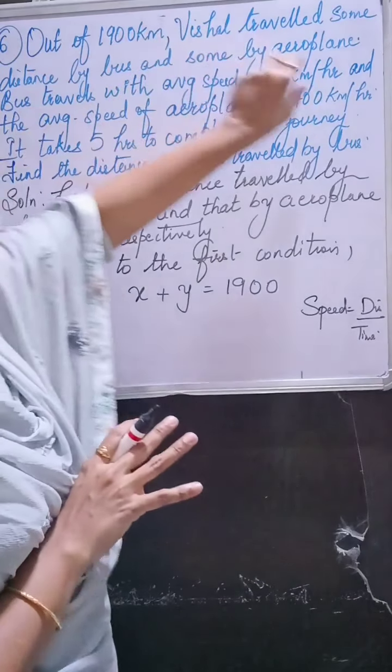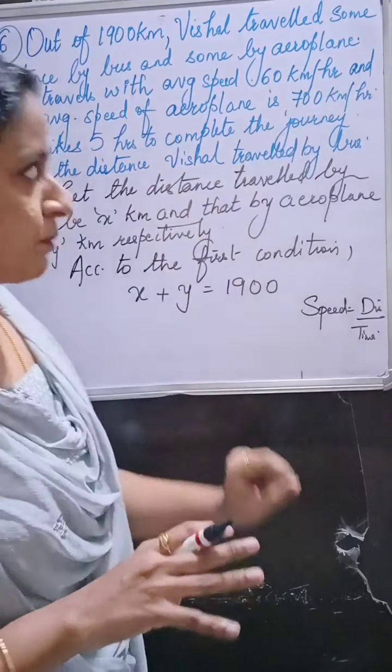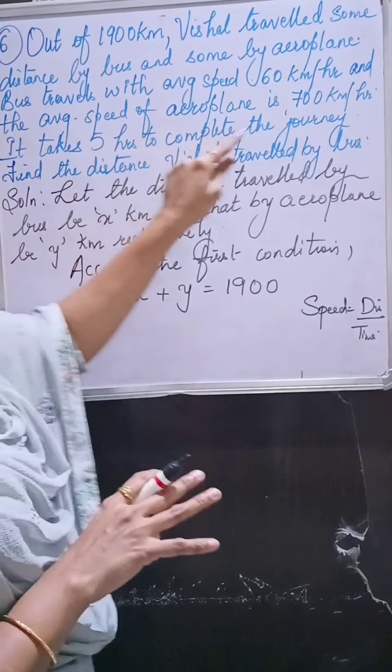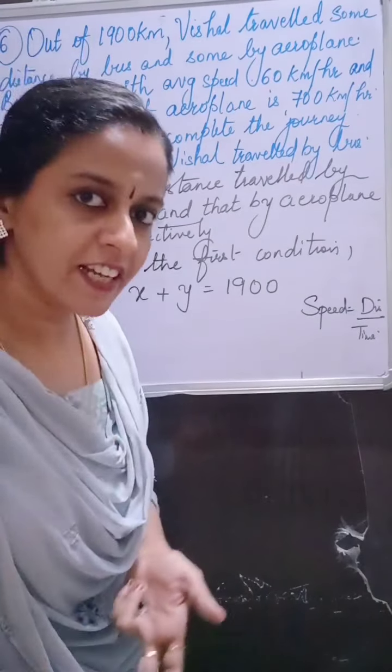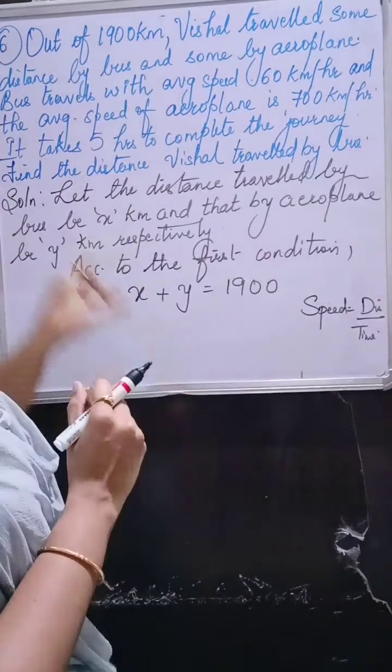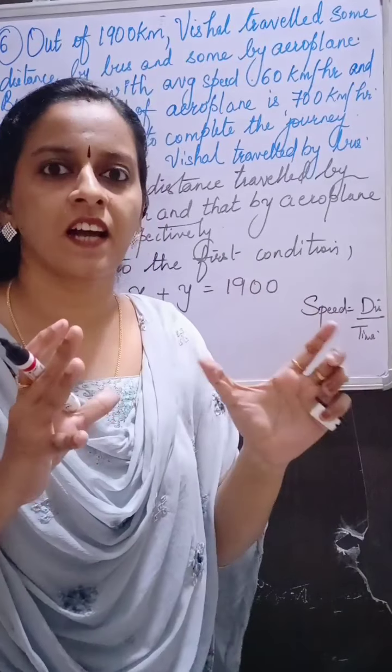Bus travels with speed of 60 km per hour and the average speed of aeroplane is 700 km per hour. It takes 5 hours to complete the journey. So here they have given you the second condition, time and speed. Speed of bus is 60 km per hour, speed of aeroplane is 700 km per hour और total time कितना लगा?